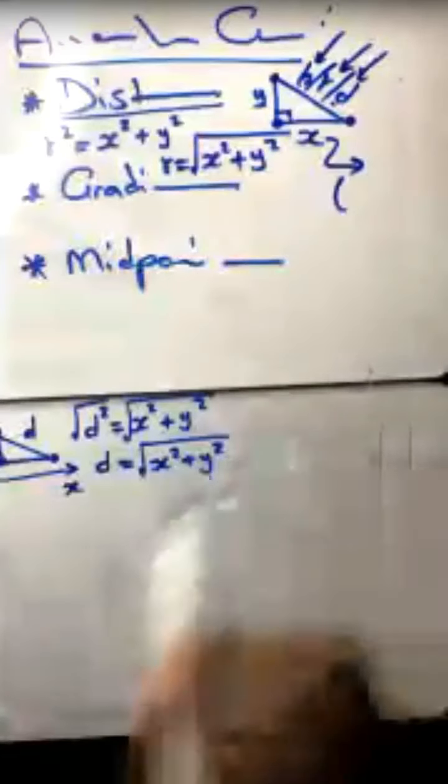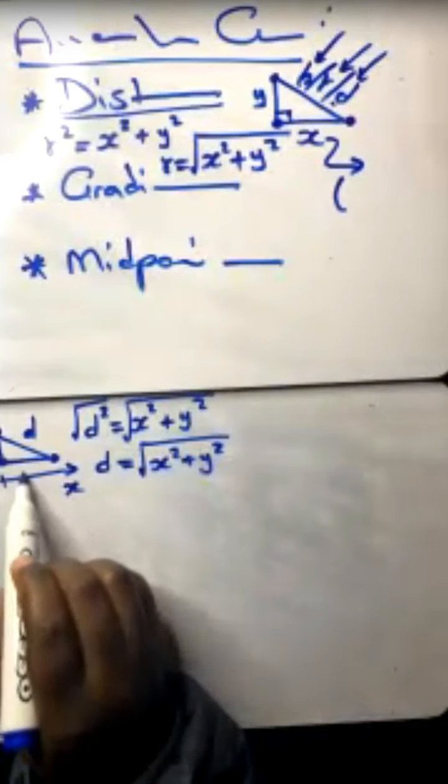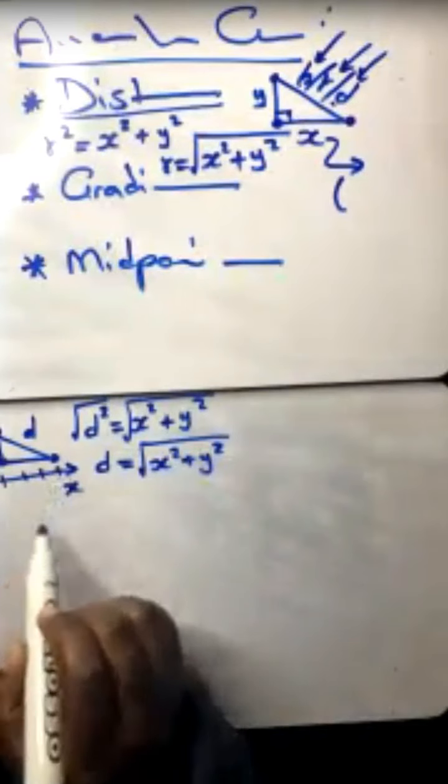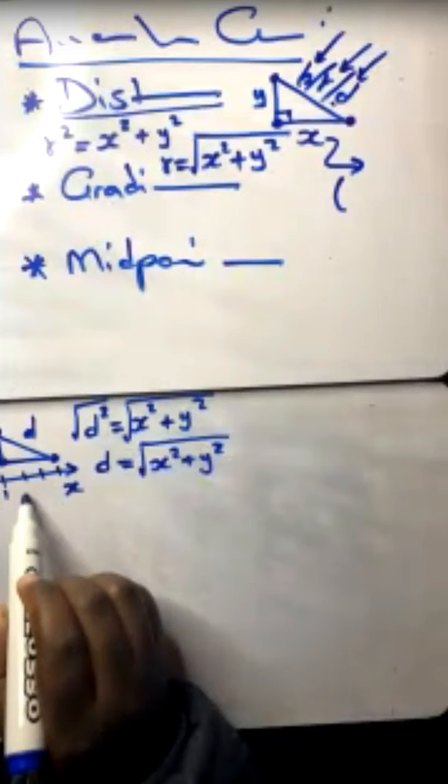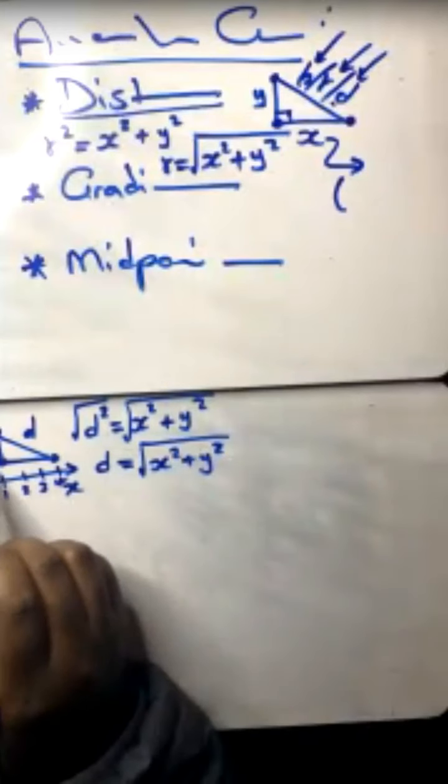Remember, on a Cartesian plane you've got numbers: 1, 2, 3, 4 on the horizontal line, and 1, 2, 3, 4 on the vertical line.